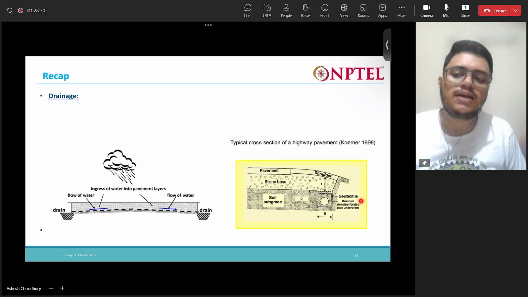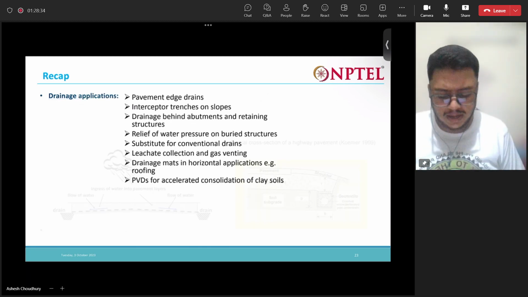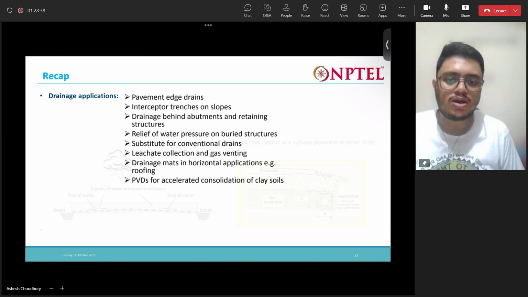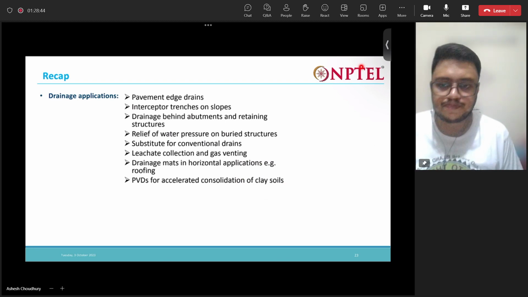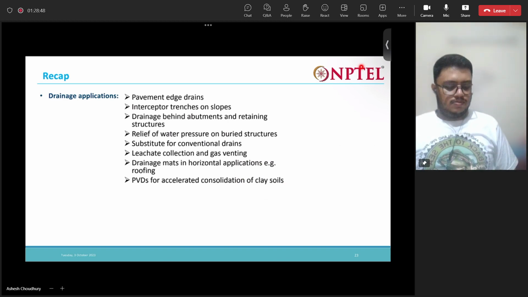Okay, there are many other uses of drainage. So you can see there are many drainage applications which are mentioned. So pavement edge drains, we already discussed. Interceptor trenches on slopes. So say you have a canal. Water actually flows through there.